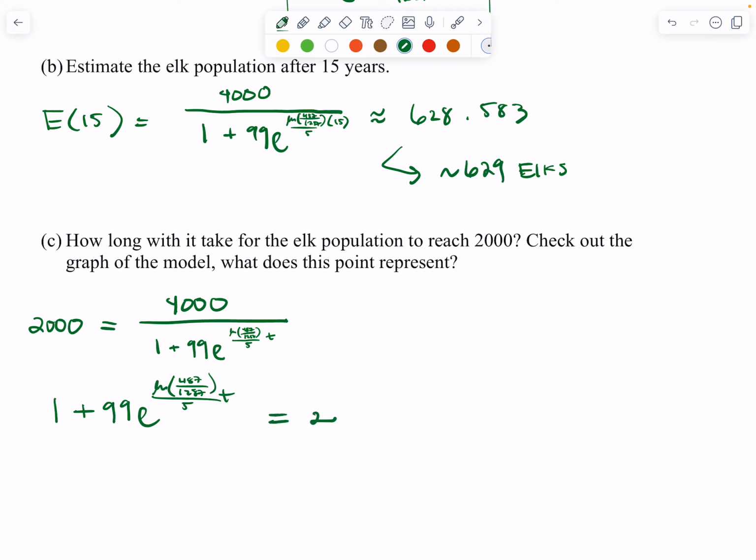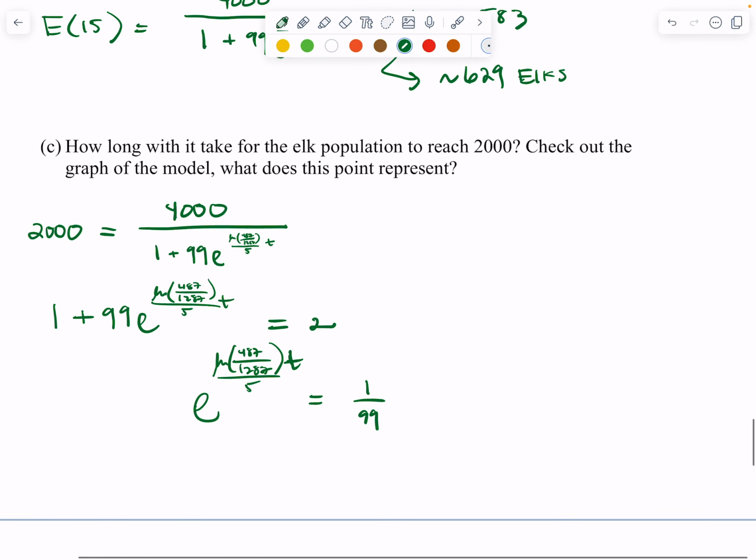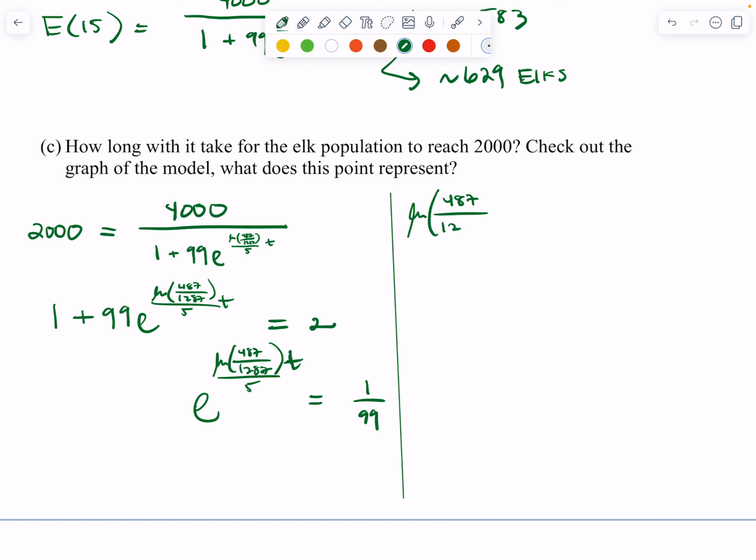And if we subtract by 1 and then divide by 99, we would have e to the ln equals 1 over 99. So then rewriting in log form, we would have ln of 487 over 1,287 divided by 5 times t equals ln of 1 over 99.